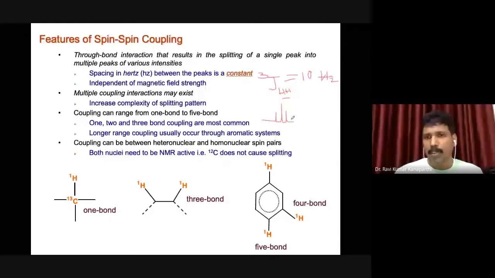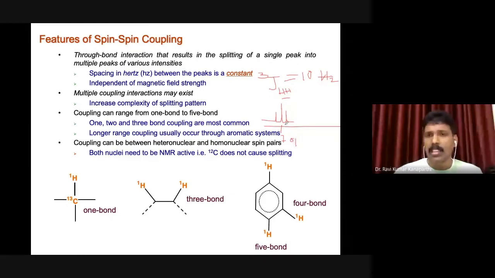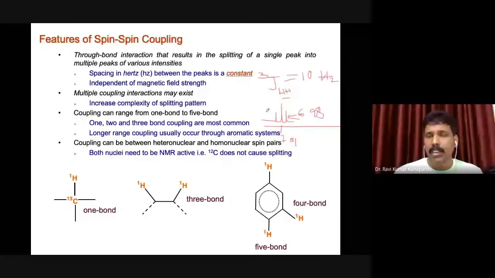For example, let's say this line is at 7.01, this one is at 6.98, and this one will be 7.03.